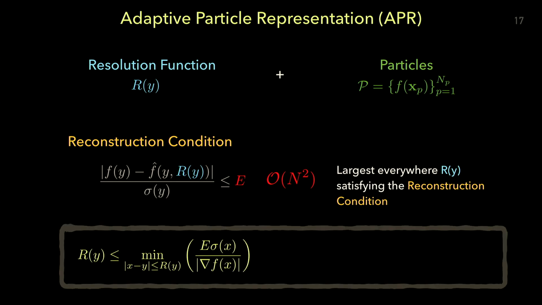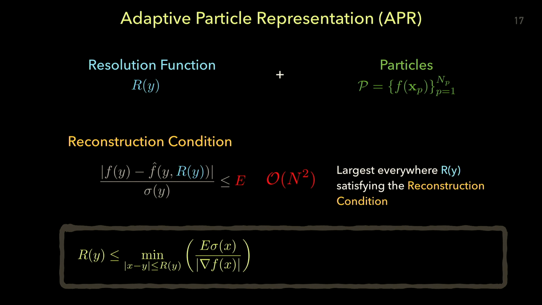So instead, the classic mathematical approach is to solve another, simpler problem. We focus on the second bound, which comes from a Taylor series expansion. If this bound, which relates the resolution function to the gradient of the image, is satisfied, then the reconstruction condition is also satisfied.